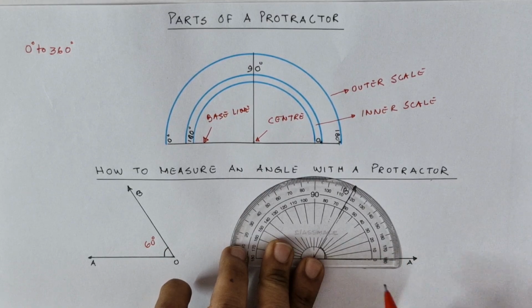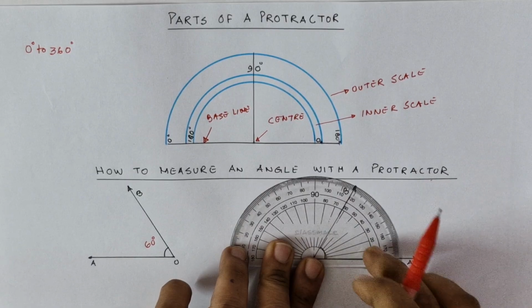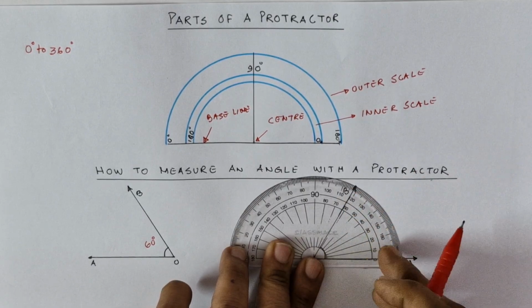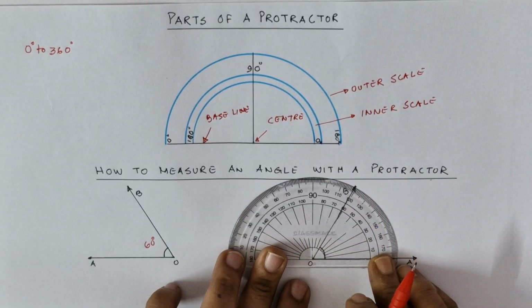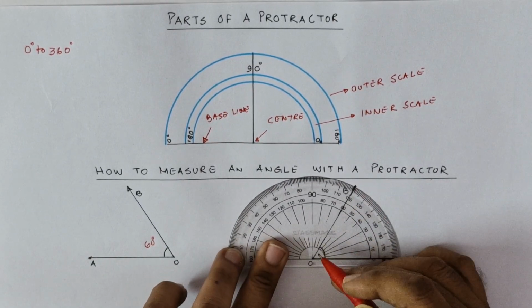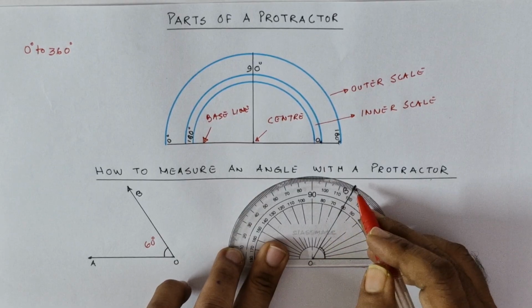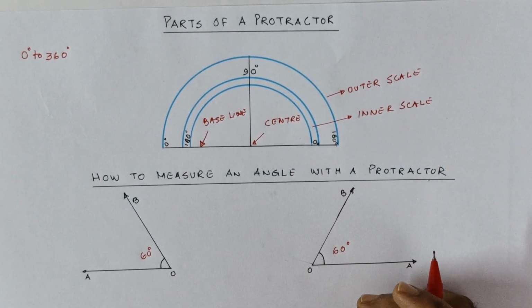So where is 0? So here is 0, so the 0 here is inner scale. So we'll take the help of inner scale to measure this angle. See again, 60 degree, right? So these arms go through 60 degree. So the measure of this angle will be 60 degree, okay.